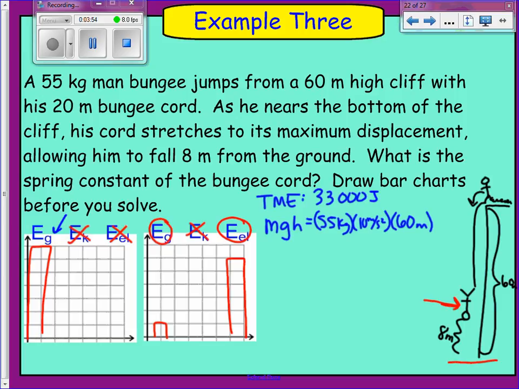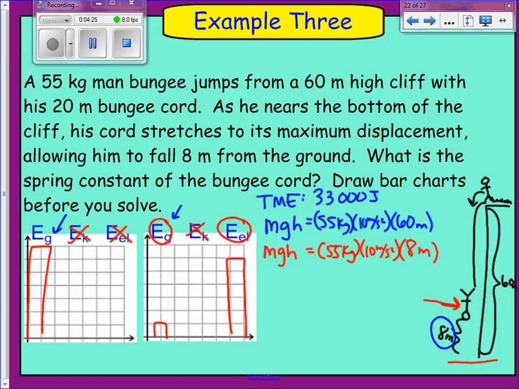Now, in situation number 2, that energy needs to be split between EG and E elastic. I can solve for EG because I'm told that he is 8 meters above the ground at that point. So mgh, I'm going to do this one in red. mgh for when he's at the very maximum stretch is going to be his mass of 55 kilograms times acceleration of gravity, 10 meters per second squared, and then times 8 meters.